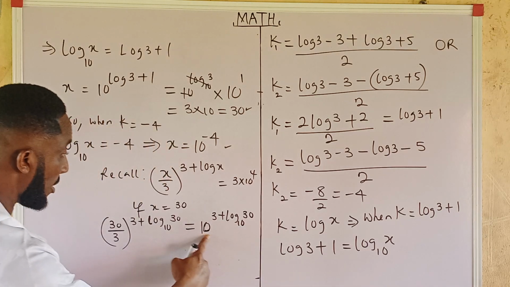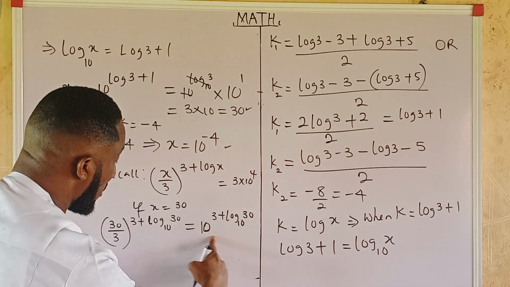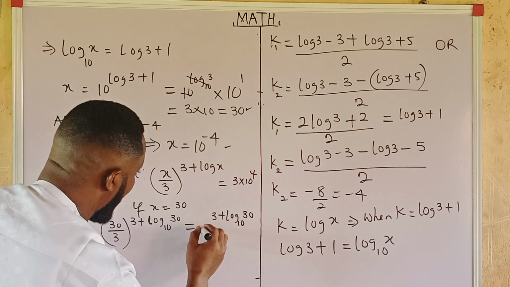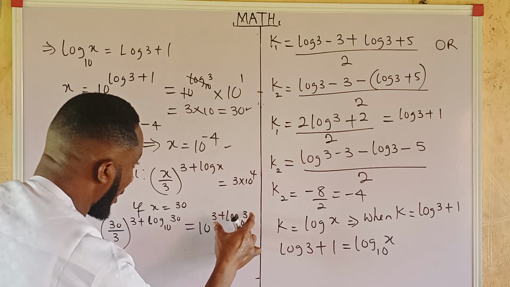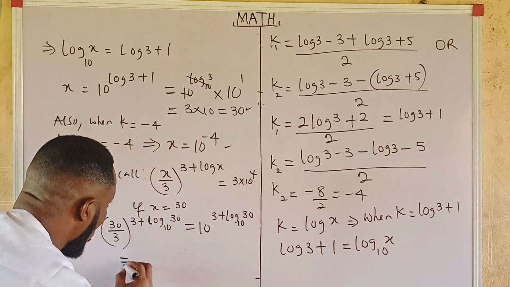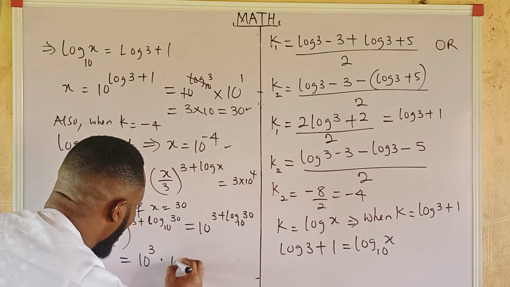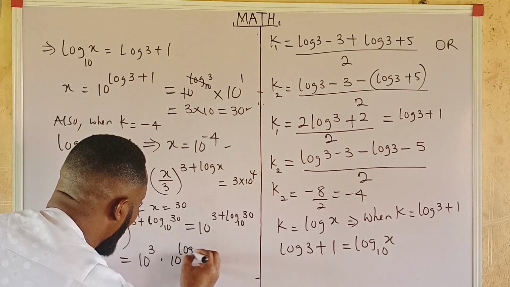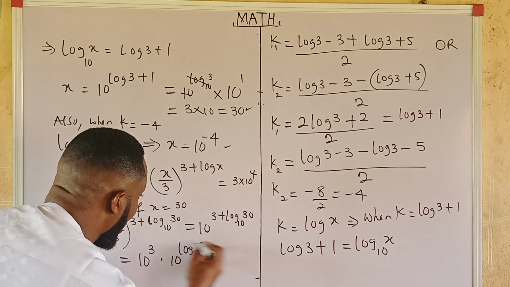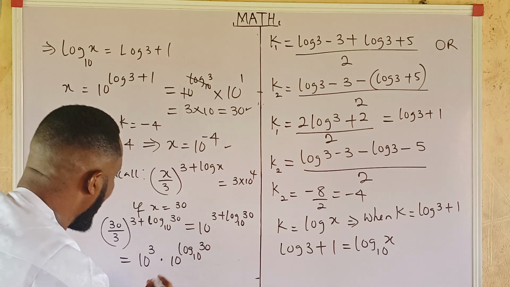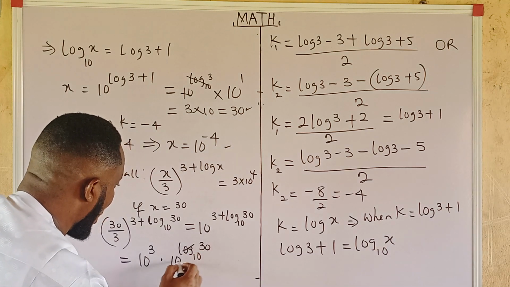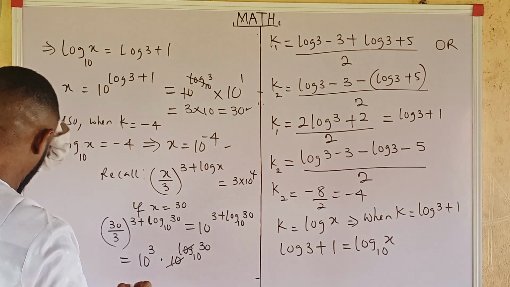If I use the product rule of exponents here, I can split this to be 10 to the power of 3 multiplied by 10 to the power of log to base 10 of the argument 30. Log to base 10 and 10 will cancel out.